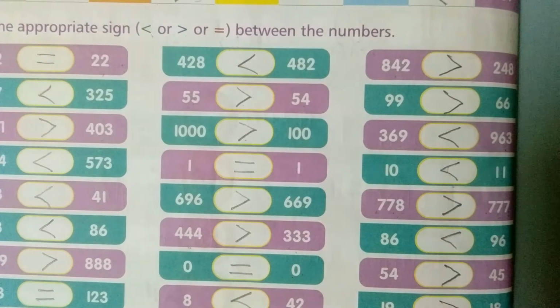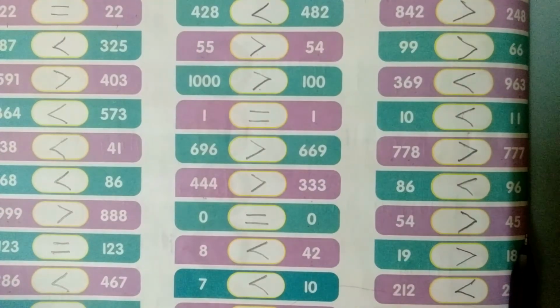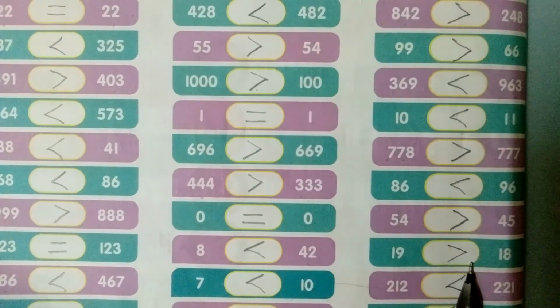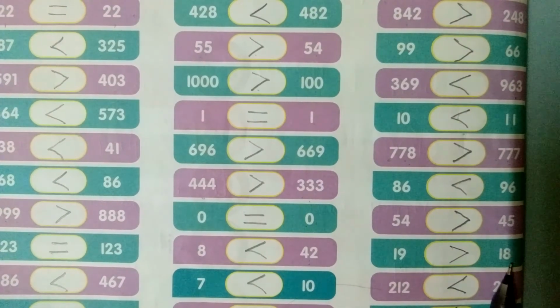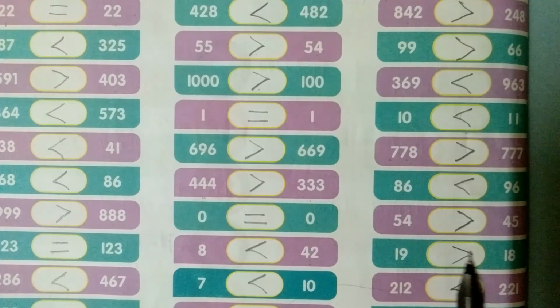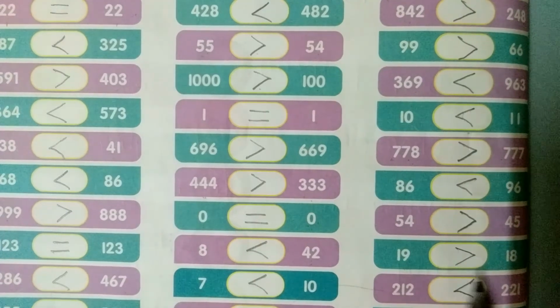Next, 54 is greater than 45. 19 is greater than 18. Why? Because 19 is the bigger number. On that side only the crocodile mouth is present.